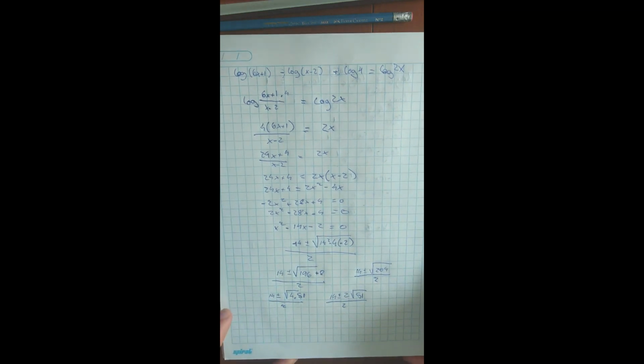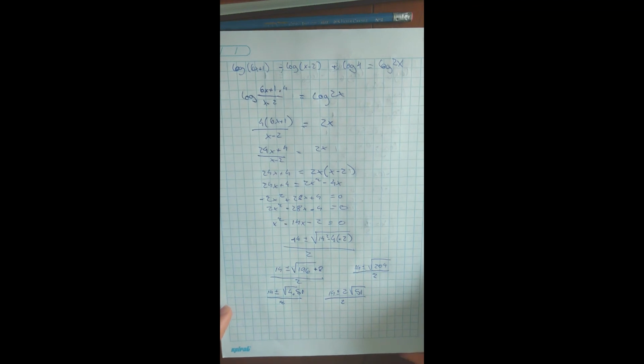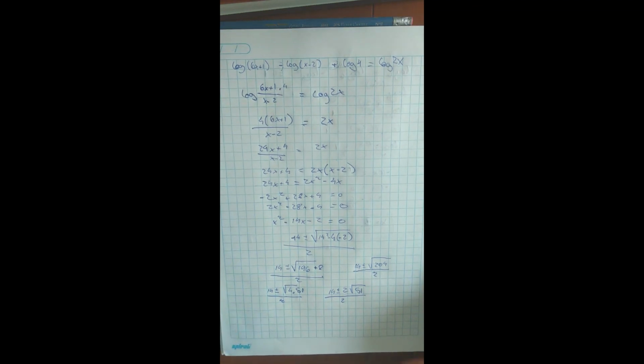So 51, do we have a perfect square in 51? I don't think so. So let's see. 4, no. 9, no. 16, no. So yeah, we don't have a perfect square within 51.